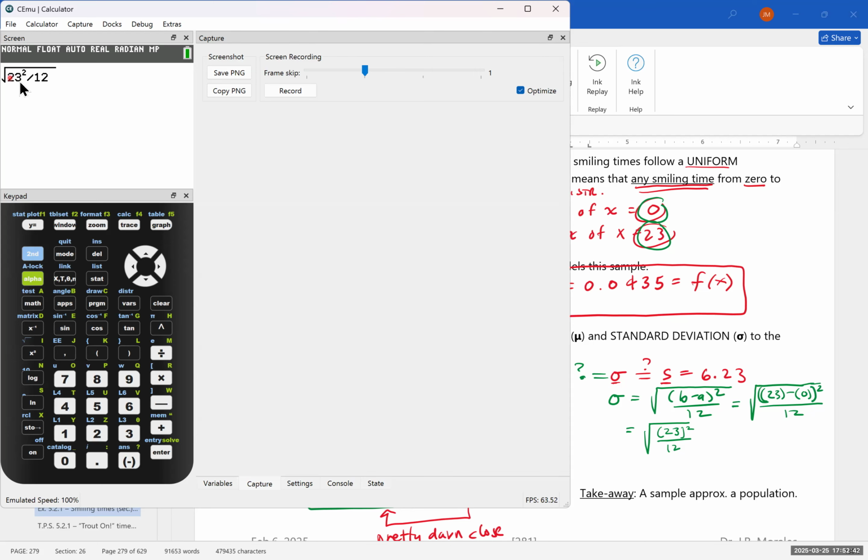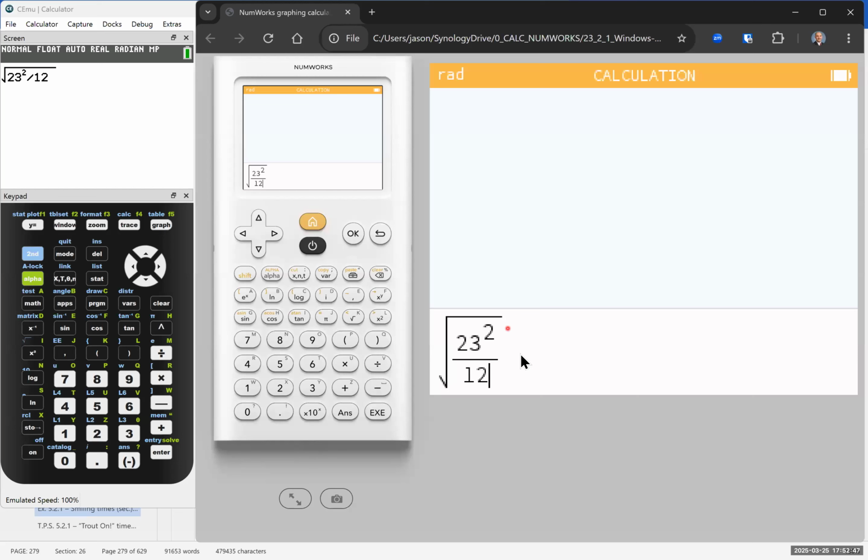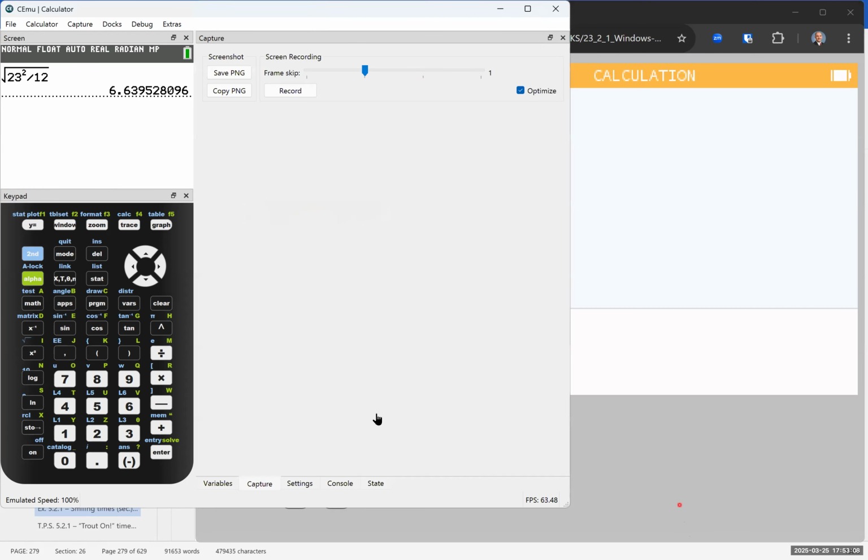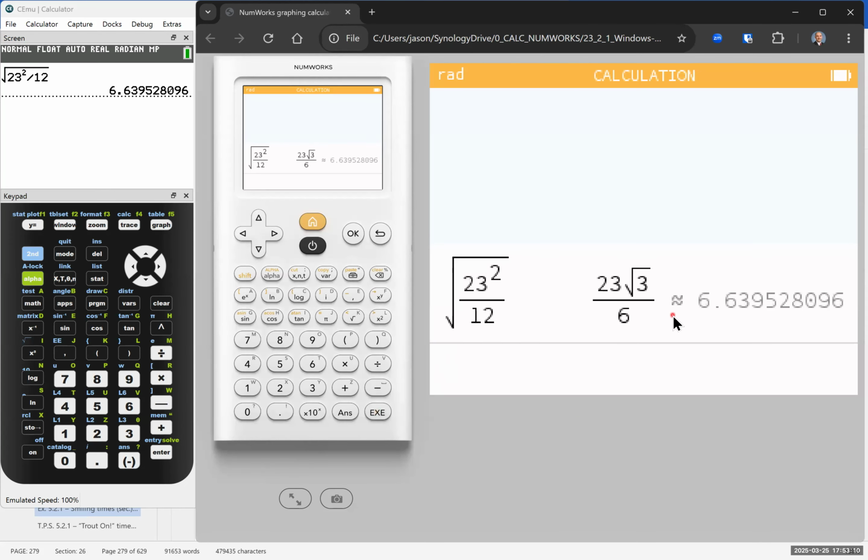So it's kind of easier to see how the NumWorks calculator formatted this, to say that this is going to match more exactly with what we're calculating. Here, it's kind of putting everything on a horizontal line, but this looks like it's the equivalent to what we got here. So let's go ahead and hit enter there and hit execute there. And it looks like we're getting the same answer.